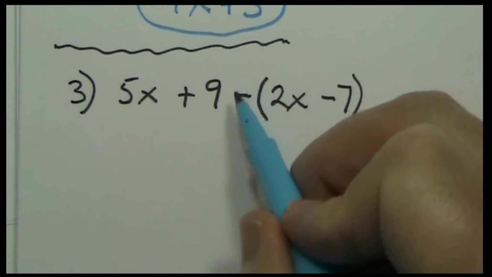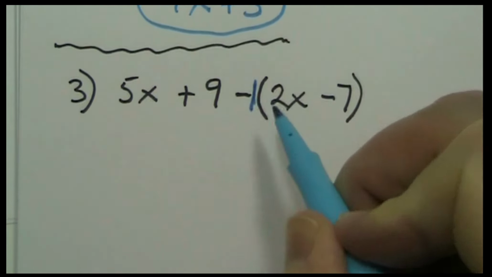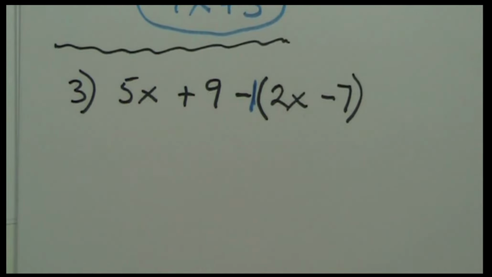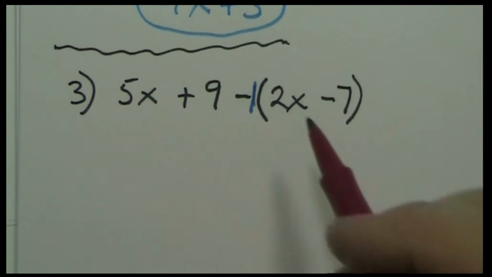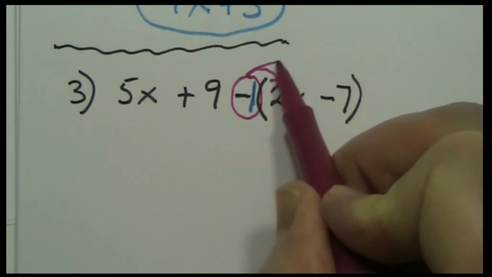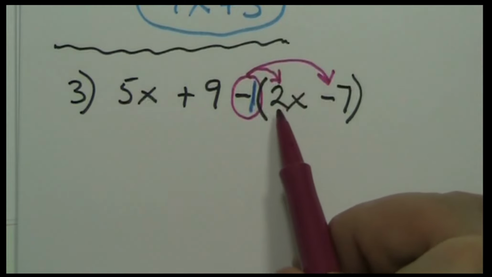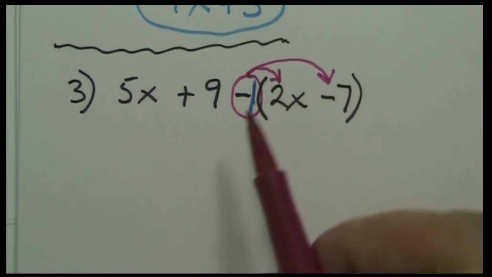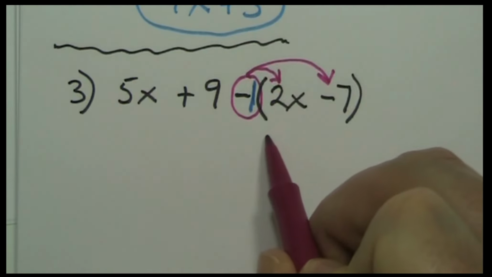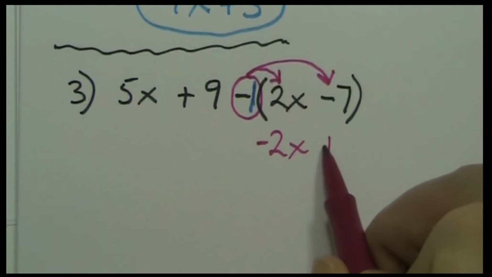So remember, we have to do the distributive property, and there is a -1 right there. So take the outside times the inside, -1 times each one of these. Doesn't it just change the sign? It just changes the sign. So this is negative 2x, and this will be positive 7.